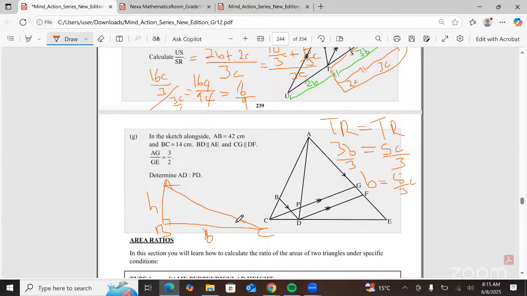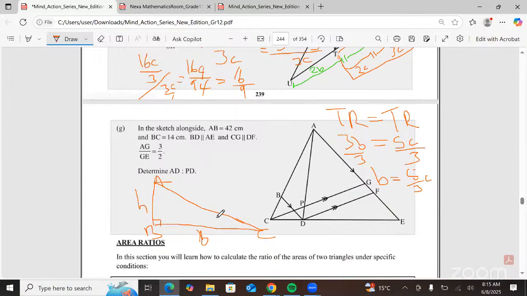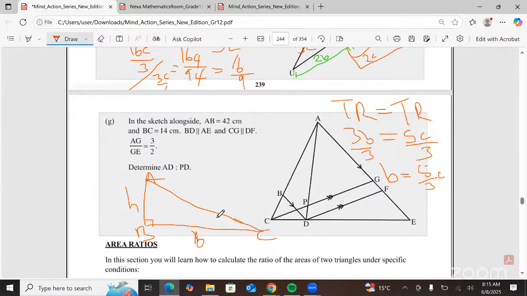Is there anyone who can tell us how to find the area of this triangle ABC? Sorry, sir, did you say triangle ABC?